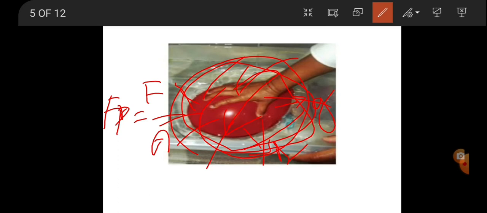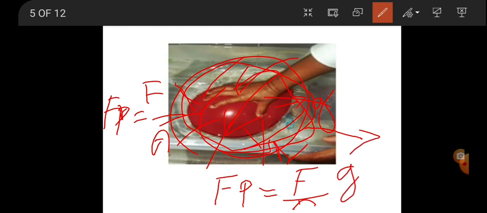When fluids are in a container, the pressure of the fluid is exerted in all directions and at all points of the fluid. So the pressure formula: fluid pressure is equal to the total force exerted by the fluid divided by the area over which the force is exerted. We shall first learn about pressure exerted by liquid and then learn about the pressure exerted by gas.